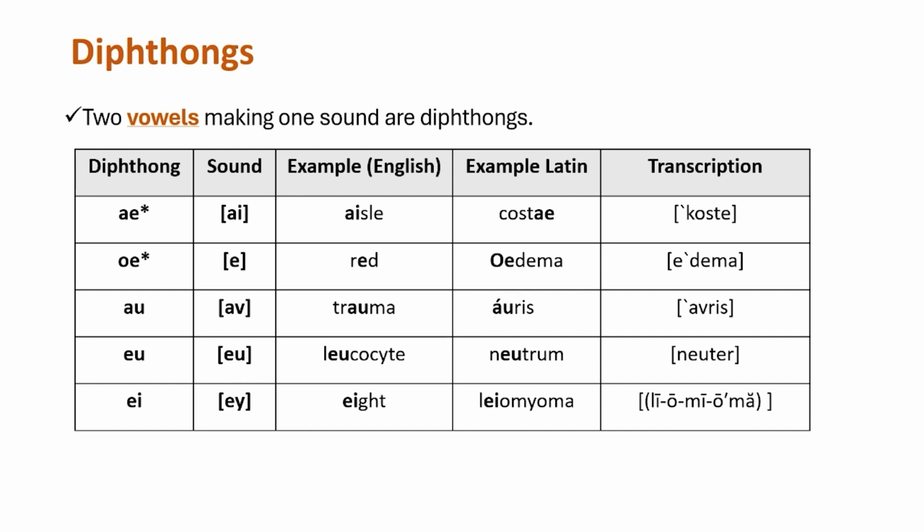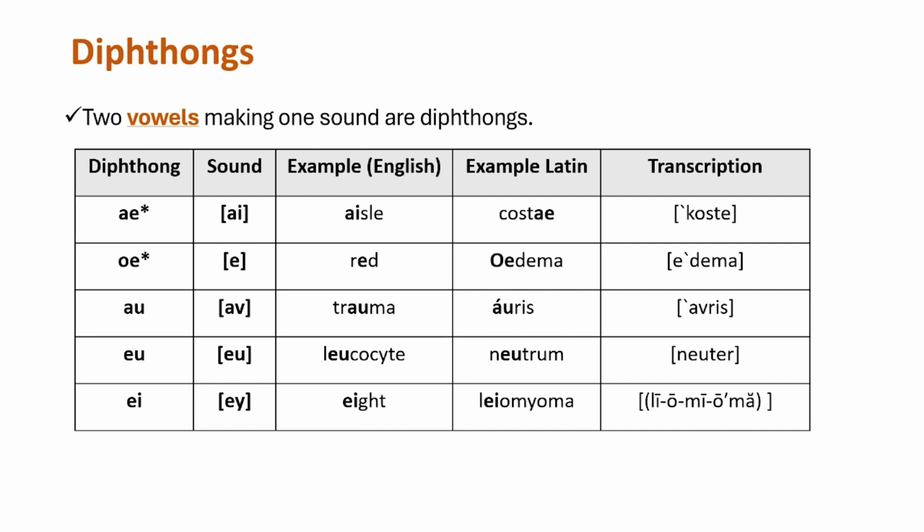The third is au, as in trauma. The fourth is eu, as in neutrum. And the last one is ei, as in eight.